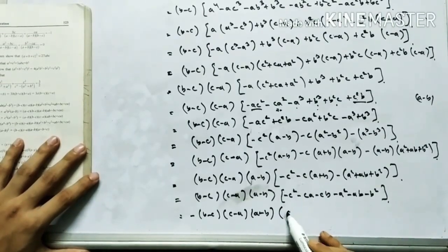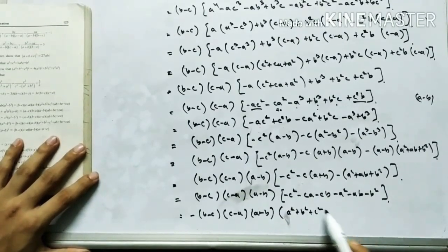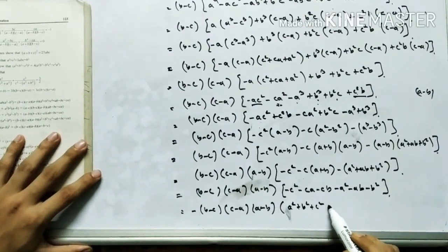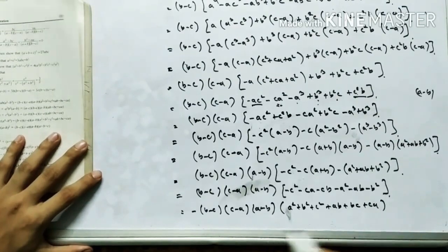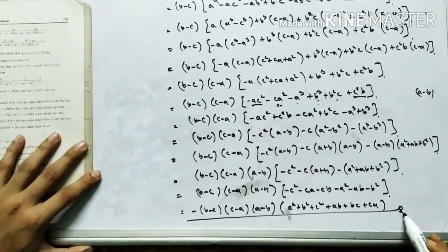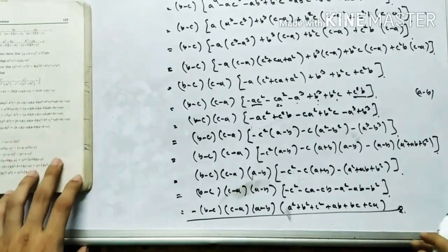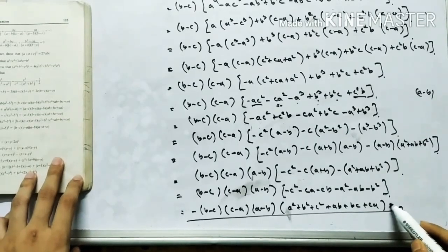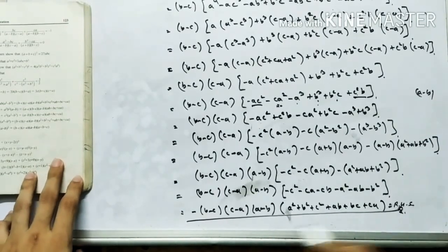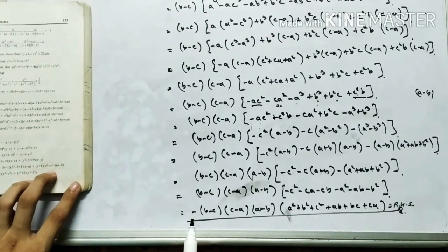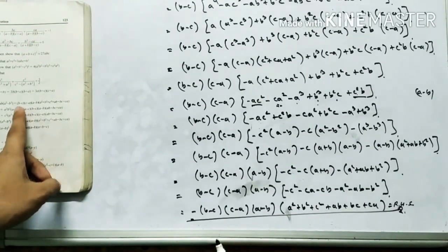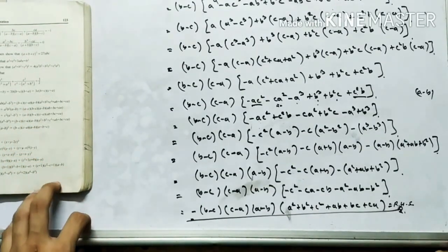You can write this as a square plus b square plus c square plus ab plus bc plus ca. So this is your RHS, you can say. In there this minus will come, which is not given in the question.